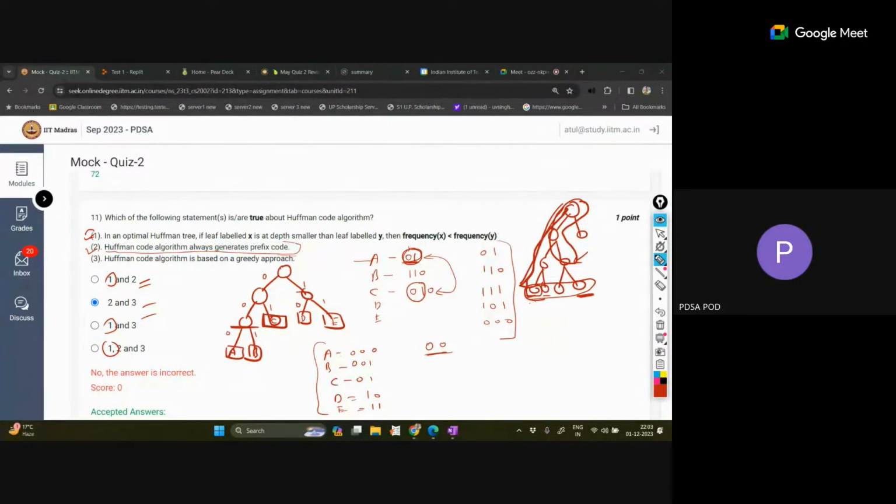We cannot take any code which does not come till a leaf, otherwise it would become a prefix for other codes. We are always looking at the codes from root to leaf, so you get codes where no code can become a prefix of any other code.